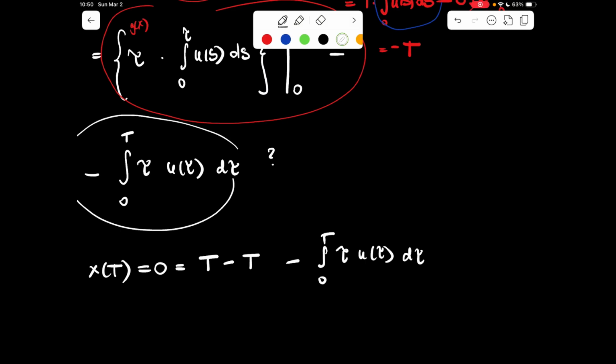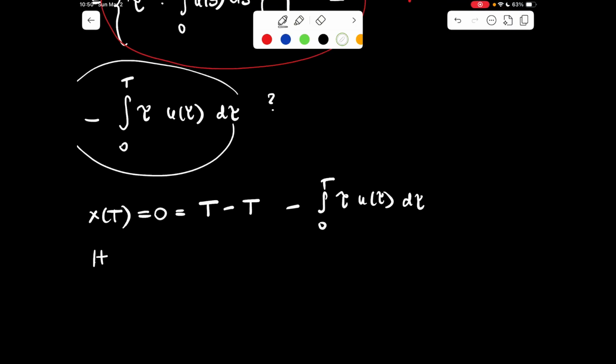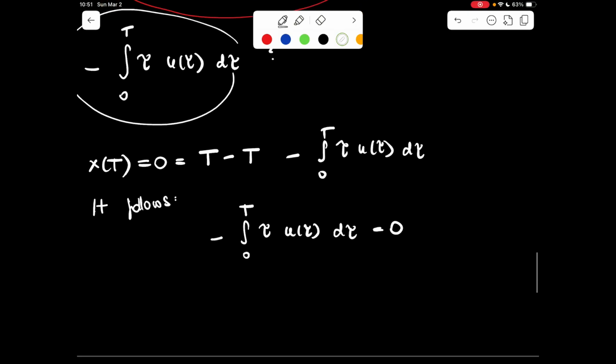So it follows that this final part in the integral must also be 0. Hooray! So we have learned a lot about the unknown function u.